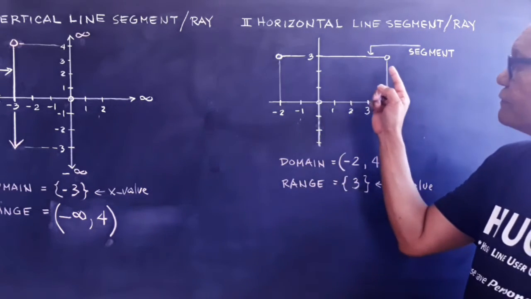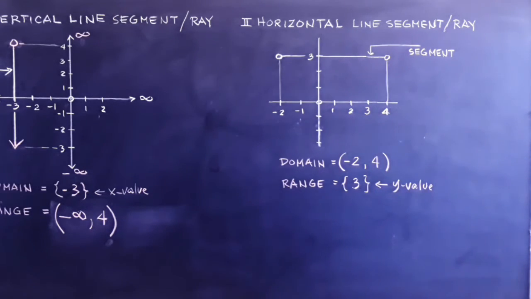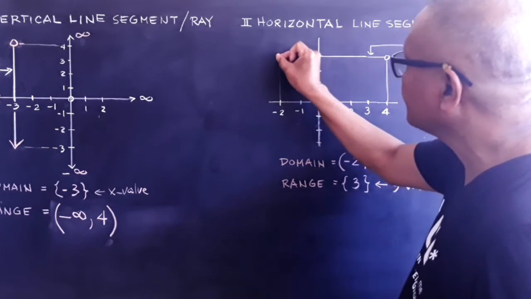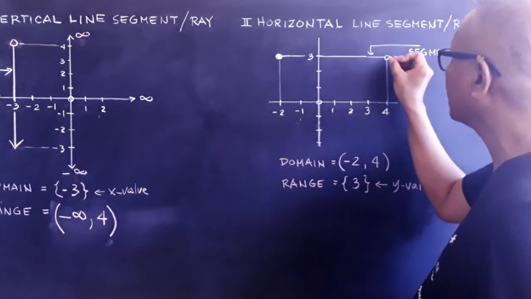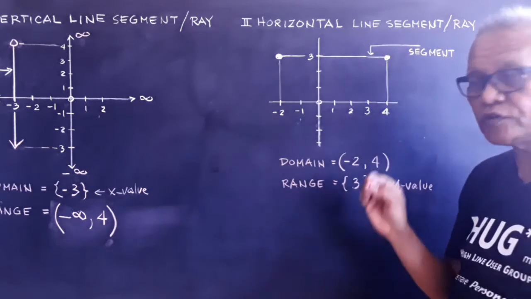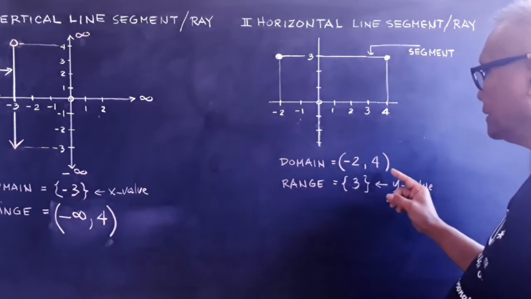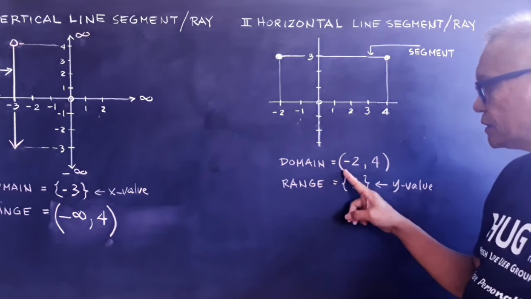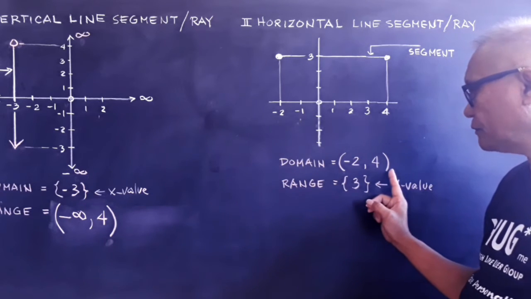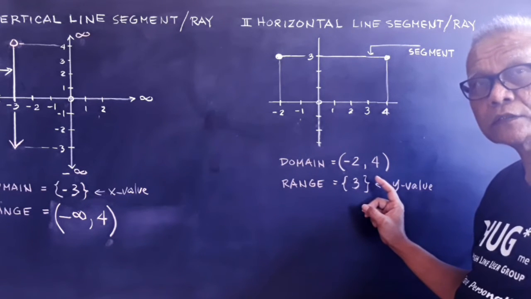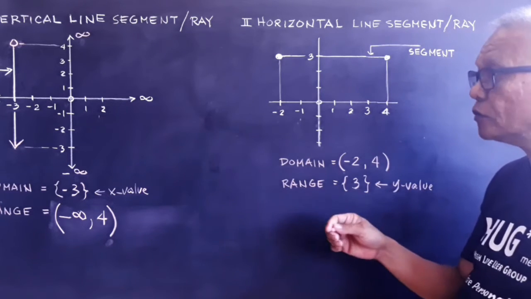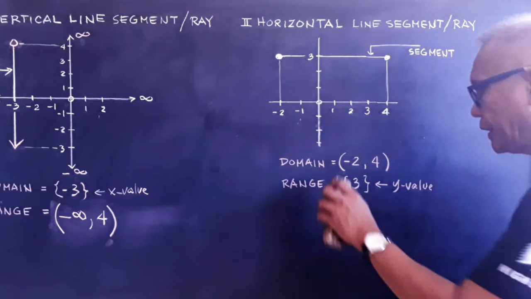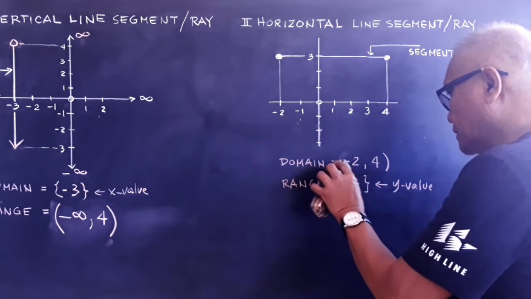Okay, now let's have two of them shaded. When these two are shaded, it means this is the end of our line segment, and that point is included. They are both shaded now. What is the domain? The domain will change now. Instead of this open parenthesis, it will be changed into a square bracket, because this negative 2 is now included in our domain.